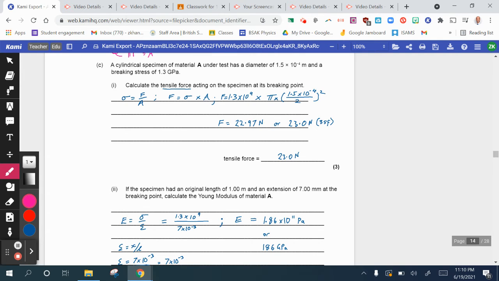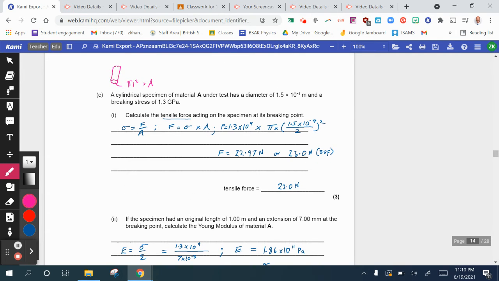The key is to recognize that this is a cross-sectional area, and because the diameter is given, we have to halve it to get the radius and apply pi r squared. And the stress is not in pascals, it's in gigapascals, so we need to do a conversion there as well.